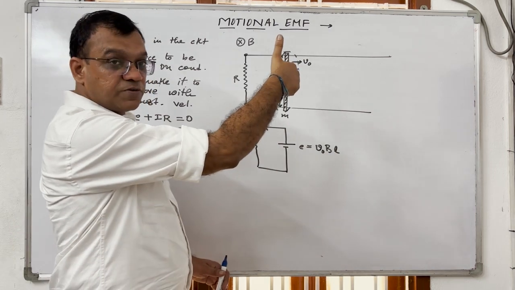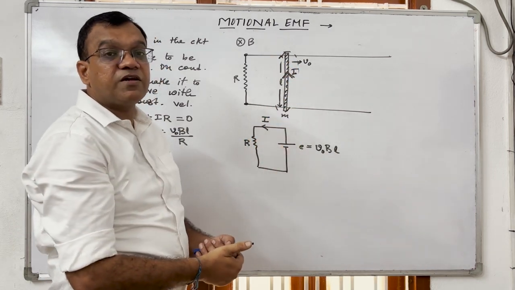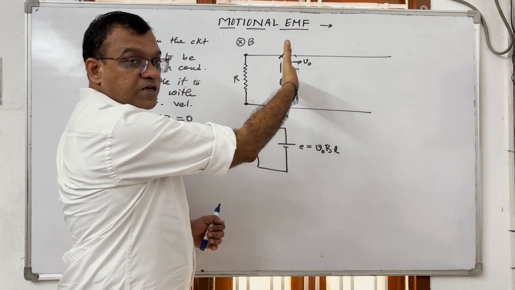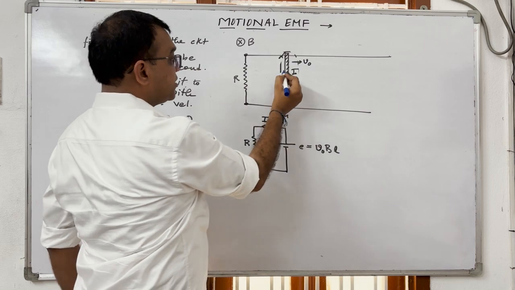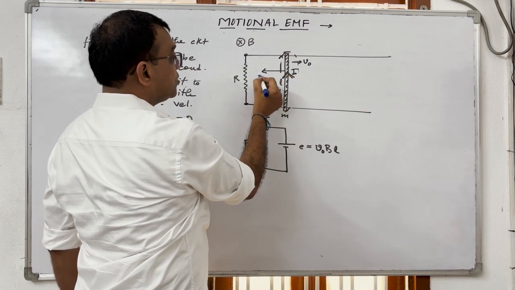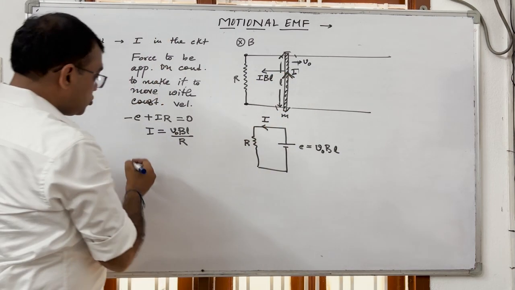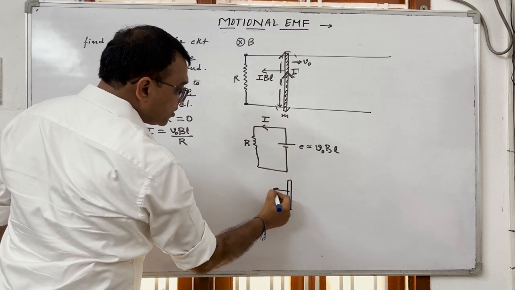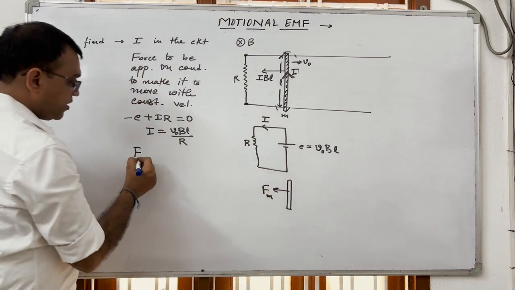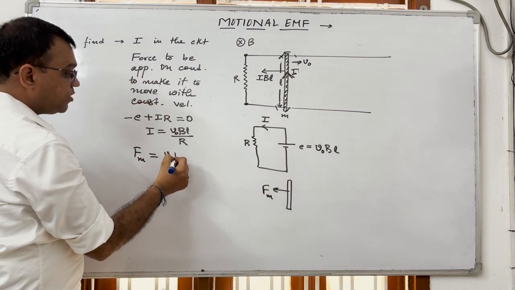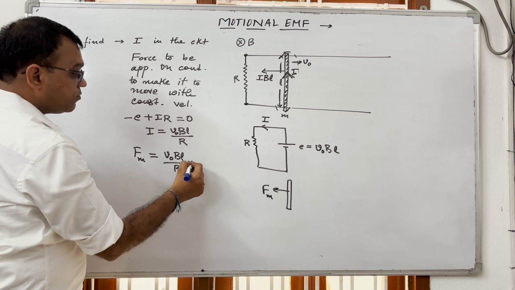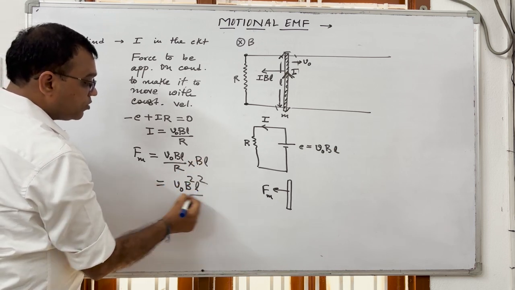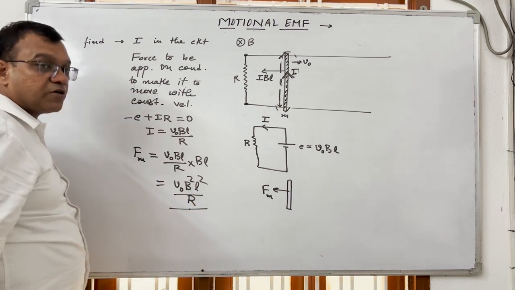Because of this current, a current carrying conductor in a magnetic field experiences the force I L B. So the force is acting in this direction, magnetic force equal to I B L. I is V0 B L upon R, so you get V0 B squared L squared upon R. This is the force acting.